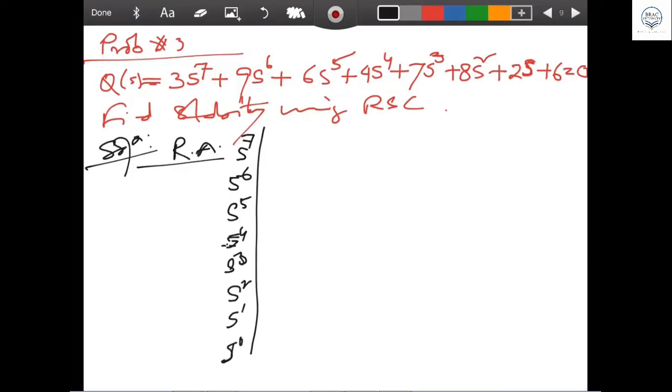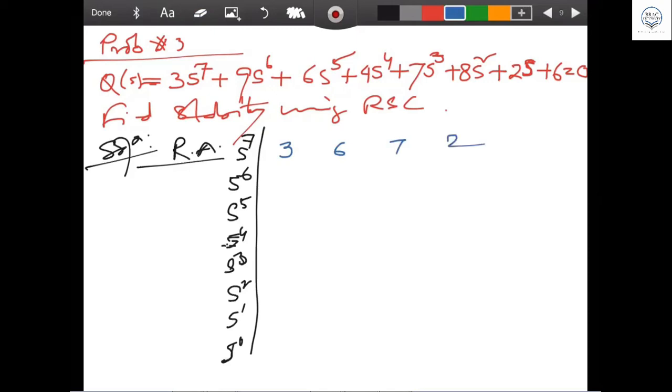Now, if anybody has done it, can you tell me what is the first row? The first row will be what? 3, 6, 7, 2.